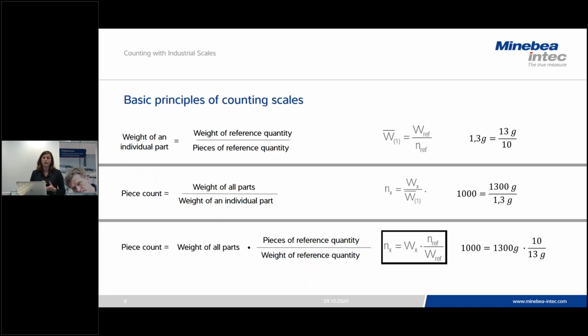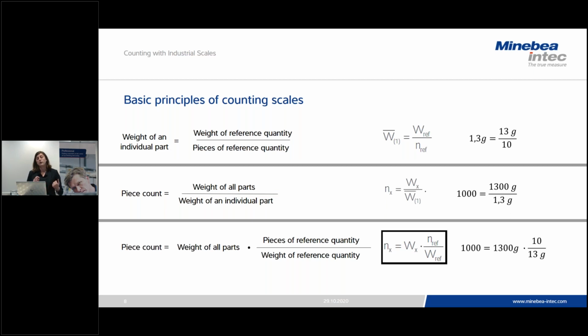Coming to the basic principles of the counting scales, we need some equations. As I said, in the first step, we have to calculate the weight of the individual part. So we take the weight of the reference quantity and divide it by the pieces of the reference quantity. The weight of the reference quantity was 13 grams and the pieces were 10.